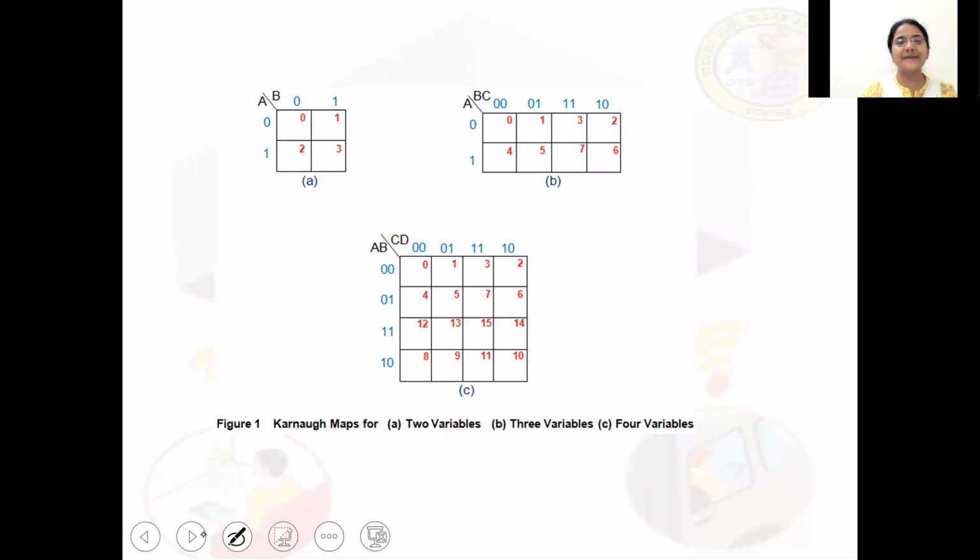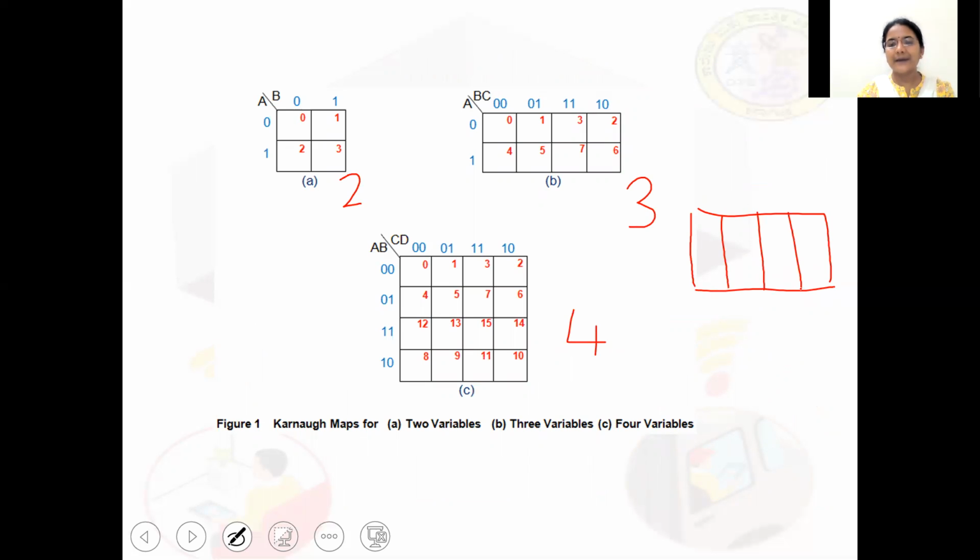Next, these are the ways that we can write a 2-variable K-map, 3-variable K-map, and 4-variable K-map. And in general, a K-map will have 2 power n cells, where n represents the number of variables in the function.